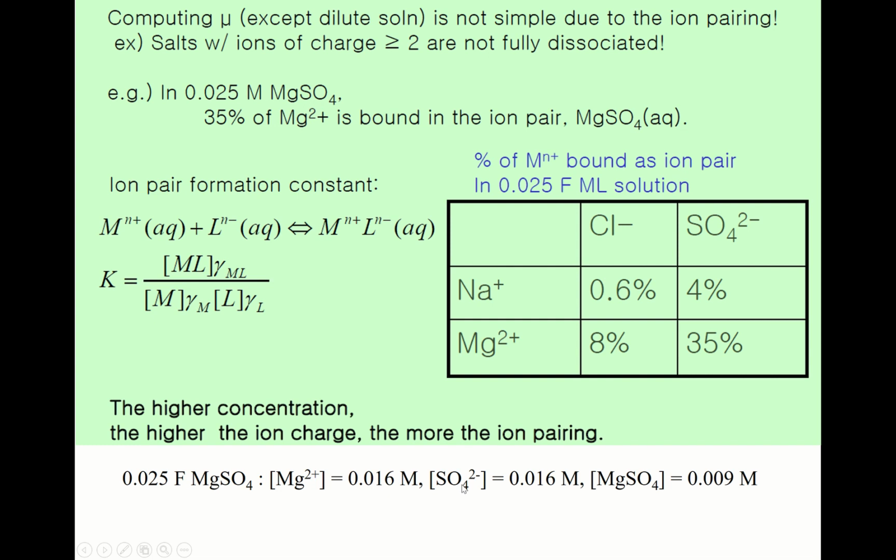Likewise, free sulfate ion concentration is the same as magnesium ion, and this one, magnesium sulfate, is the ion pairing species. It takes 0.009 molar. So if you add this concentration and this one, you get 0.025 molar. And this 0.009 molar is about 35% of 0.025 molar.